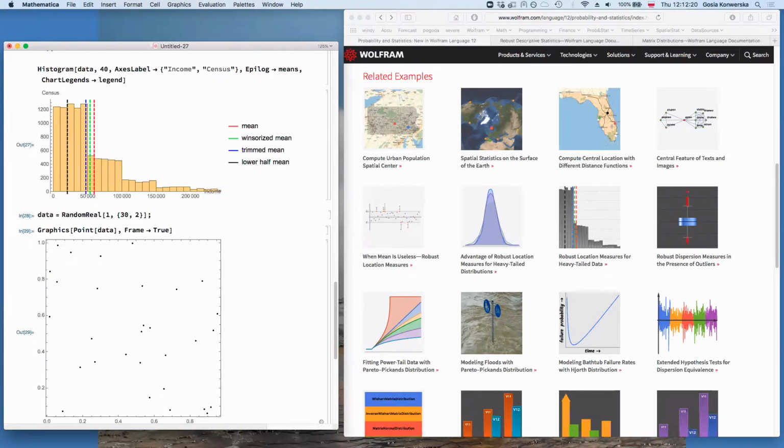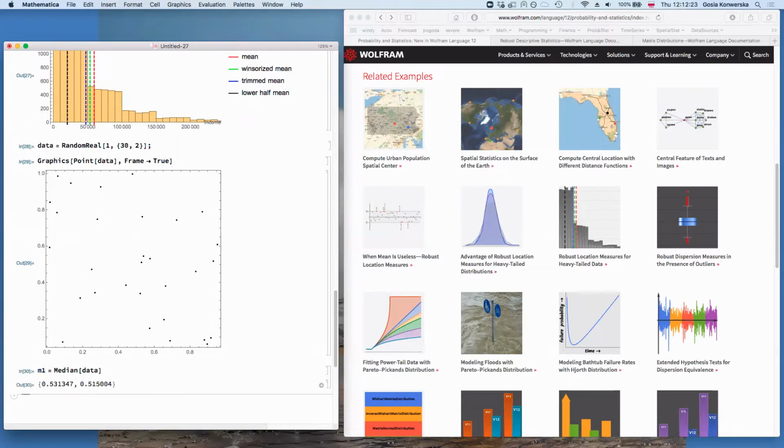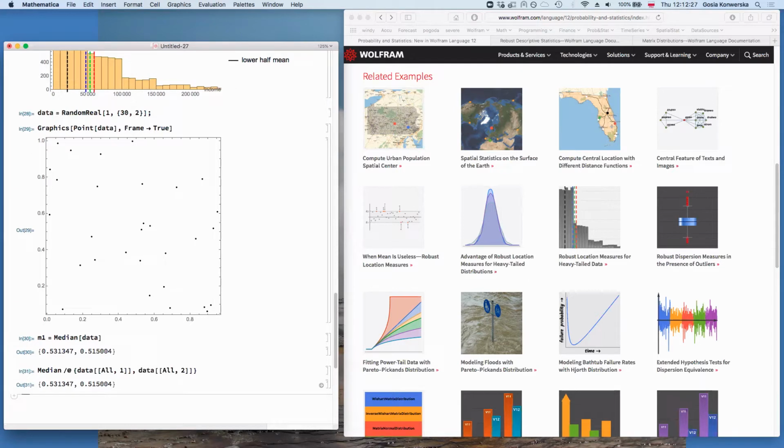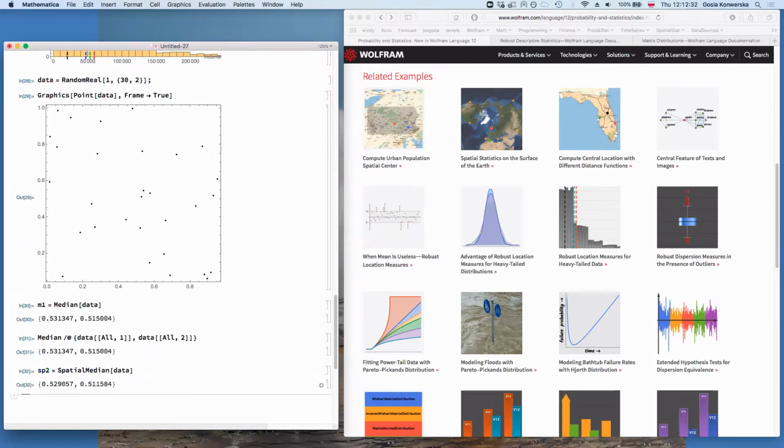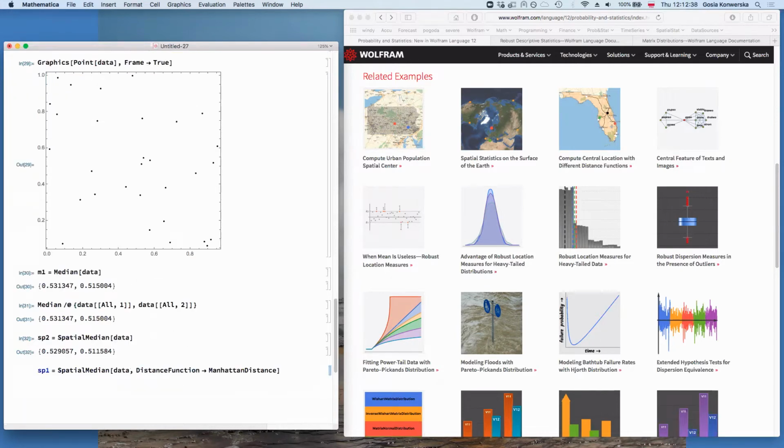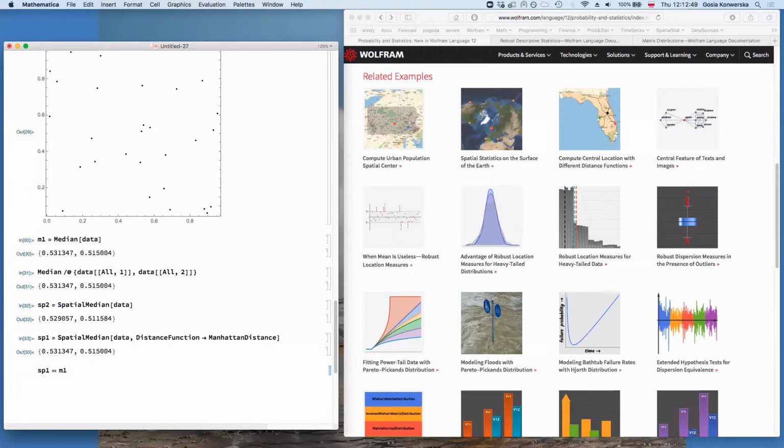We can compute the median, and the median operates point-wise and component-wise. This is exactly the same. And the spatial median uses the Euclidean distance by default. And we can specify what distance function to use in a spatial median. It could be L1 distance, which is called Manhattan distance in Wolfram Language. And this is our answer. As you can see, this agrees with the median.